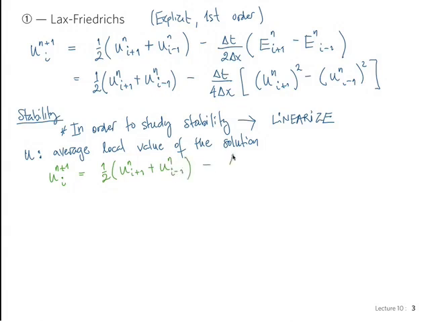And here we're going to use a value of U, which is our average, and delta t over delta x. And here we have our solution, but just one, it is not squared any longer.